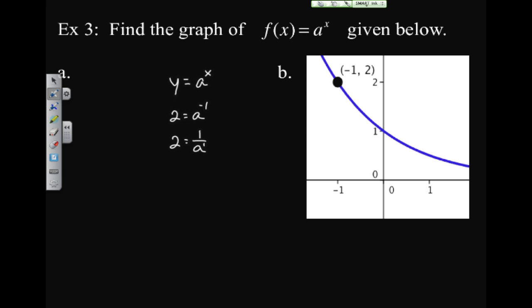So if 2 equals the reciprocal of a, hopefully we can reason that 1/2 would equal a. To do it algebraically, we multiply by a on both sides, and then you'd have 2a equals 1, and then you divide by 2. You get the same answer. So then our equation is f of x equals 1/2 raised to the x power.